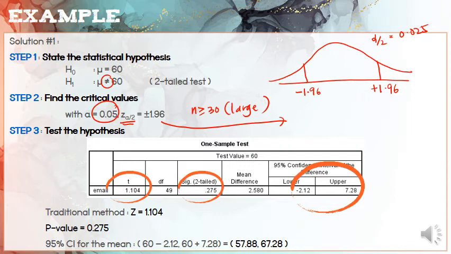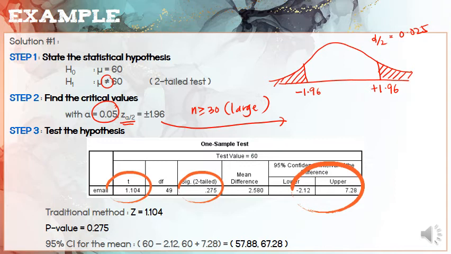Bermaksud apa-apa yang berada lebih besar daripada positif 1.96 atau apa-apa yang lebih kecil daripada negatif 1.96, kita katakan value itu berada di dalam kawasan critical region. Critical region, kita reject our H null. Itu maksud critical values di sini.